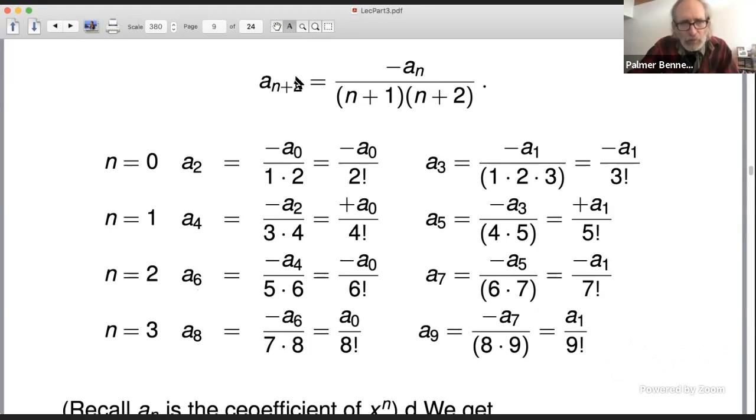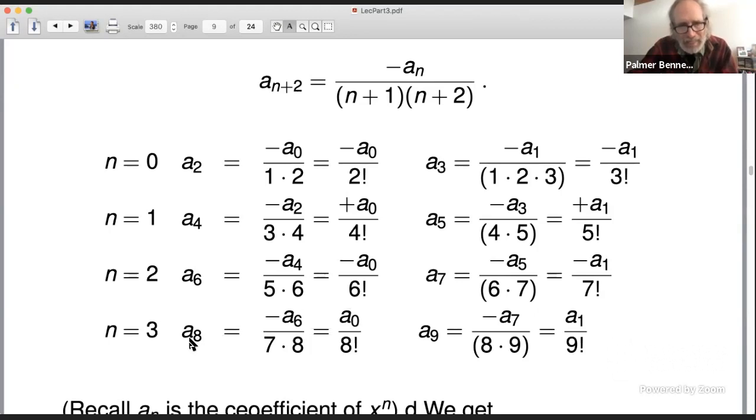So this formula tells us that A6 is negative A4 over 5 times 6. And then if we use the previous line, we'll get that that's equal to minus A naught over 4 factorial times 5 times 6, which is 6 factorial. Okay.